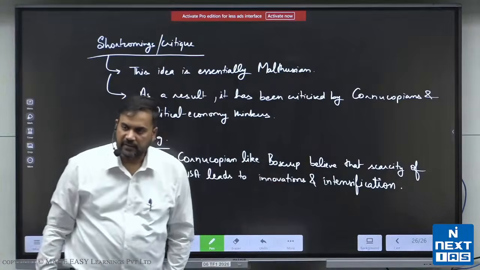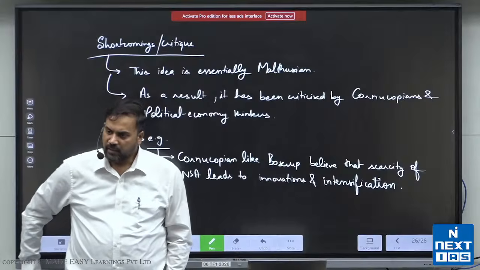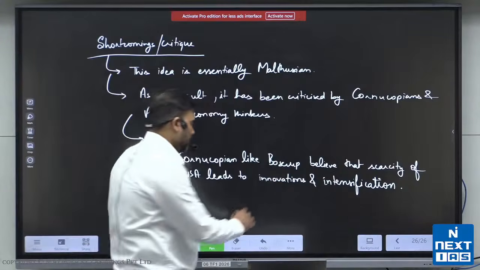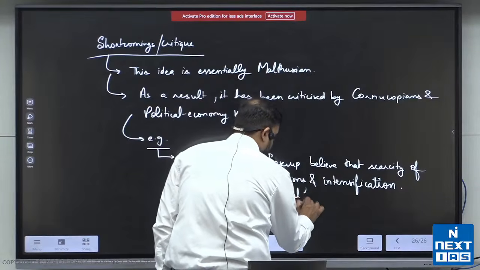And intensification. Can we say that we are already developing vertical farming? Yes or no? So there is already the case of vertical farming.